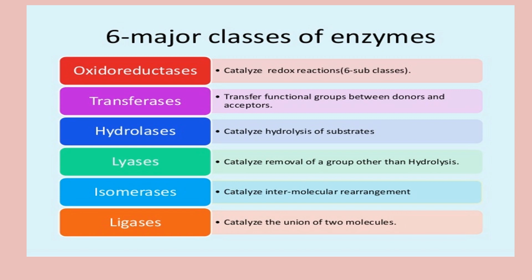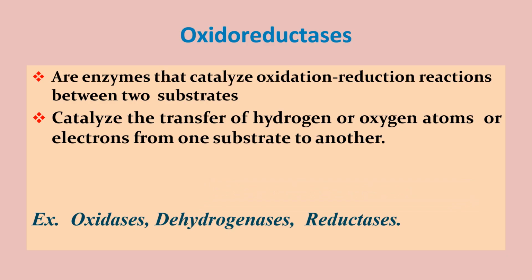Lyases are a class of enzymes which catalyze removal of a group of substances other than hydrolysis. Isomerases catalyze intermolecular rearrangement of substrates. And finally, we have ligases which catalyze the union of, or forming together, bridging two molecules.